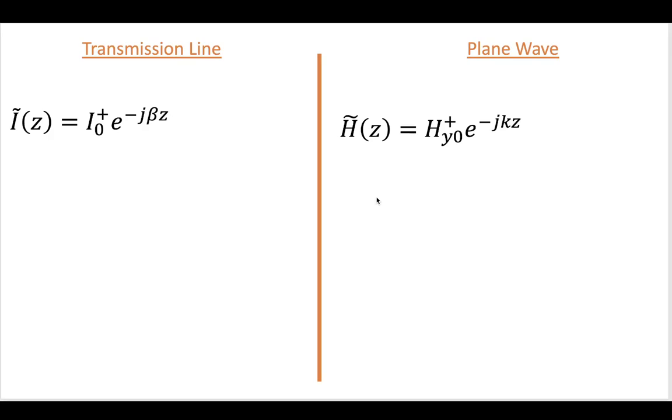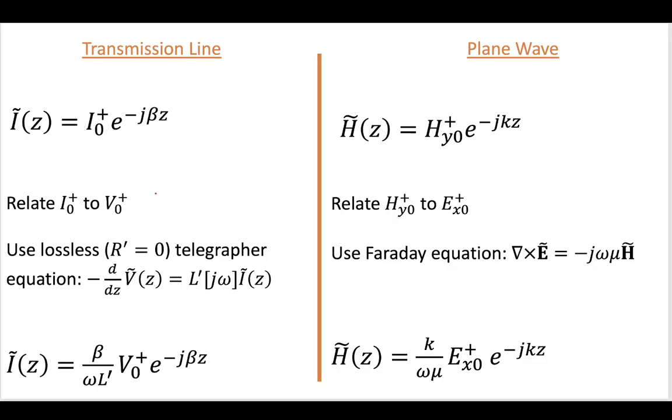Now, for the transmission line and the plane wave, we should be kind of clever and realize that the current and the voltage are going to have some relationship, and then the magnetic field and the electric field will also have some kind of relationship. So we want to relate these coefficients to the voltage and electric field versions.